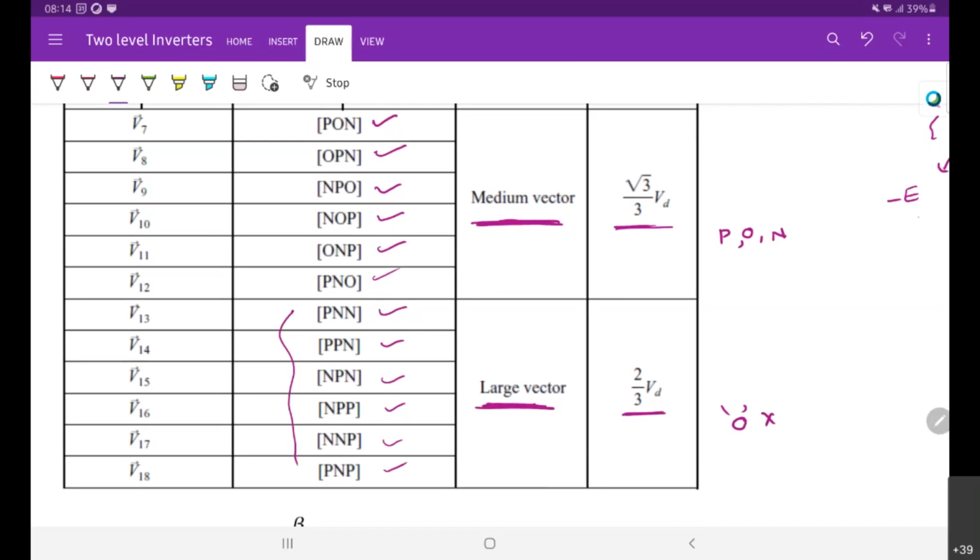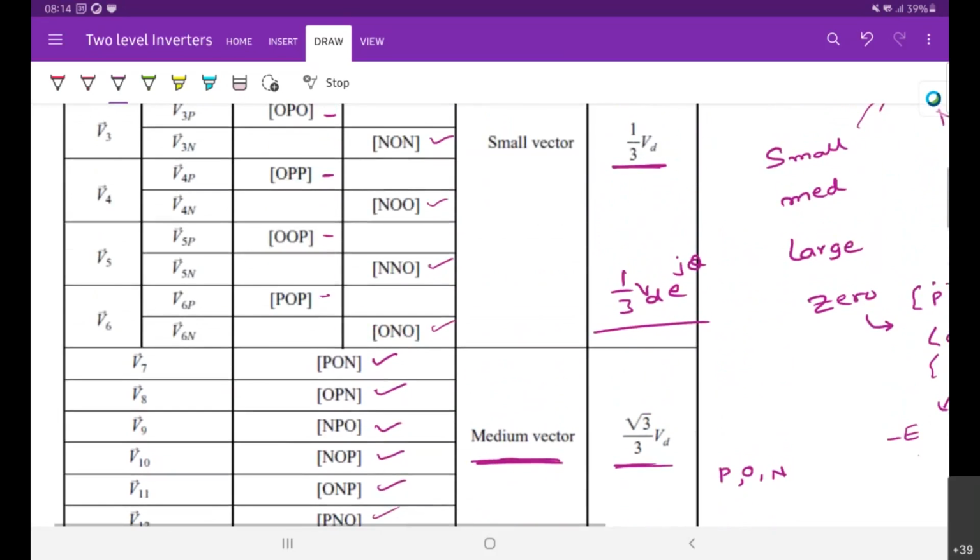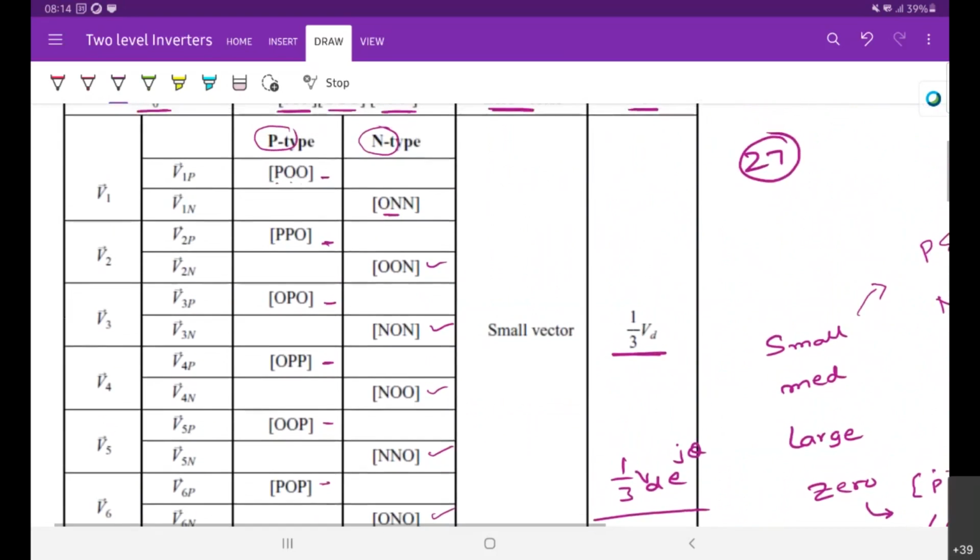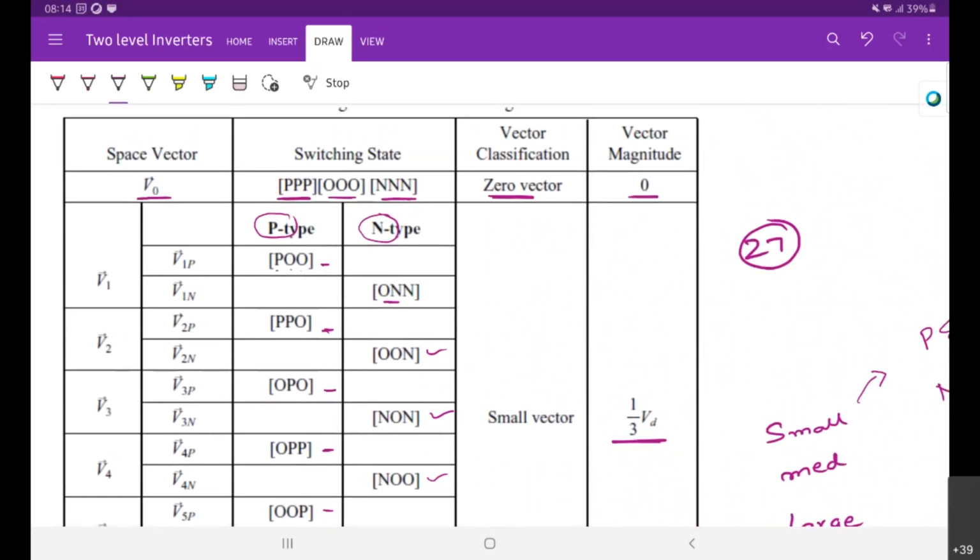So all are obtained by substituting the pole voltages, like we discussed for the two-level inverter, where we first transform the pole voltage into the alpha-beta transformation. After that, we obtain each and every vector by substituting the appropriate instantaneous phase voltages or pole voltages, right?